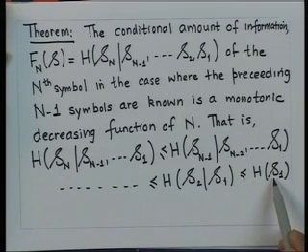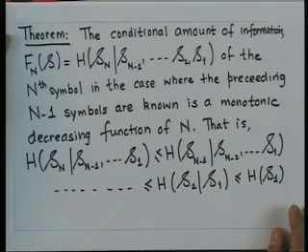So the uncertainty which I have when I observe the first symbol is the maximum compared to the uncertainty at the nth instant of time. We will try to prove this theorem. So let us look into the proof of this theorem.